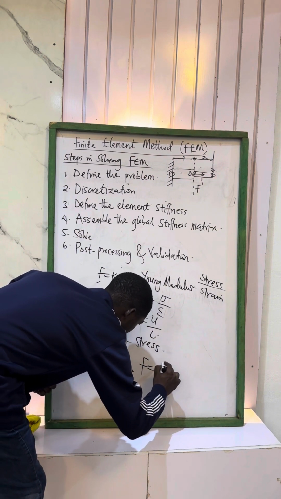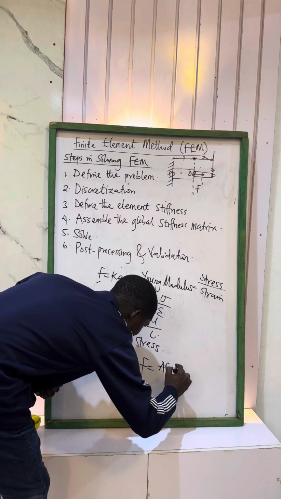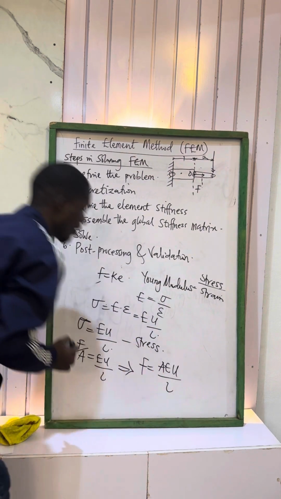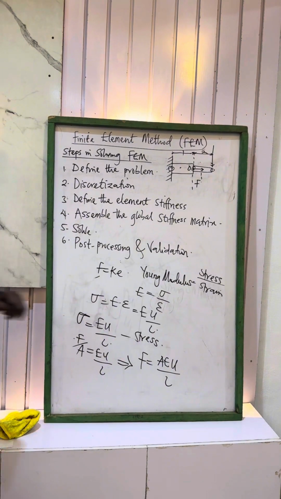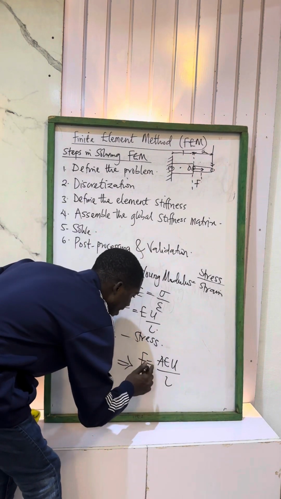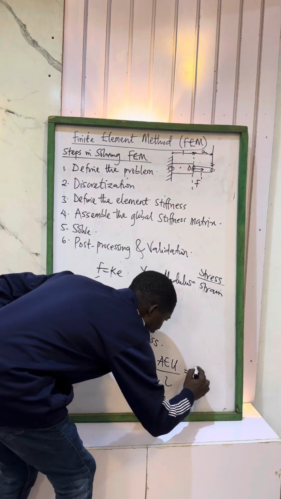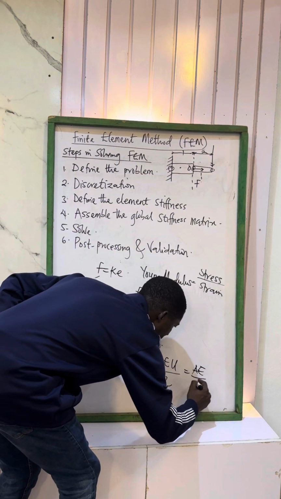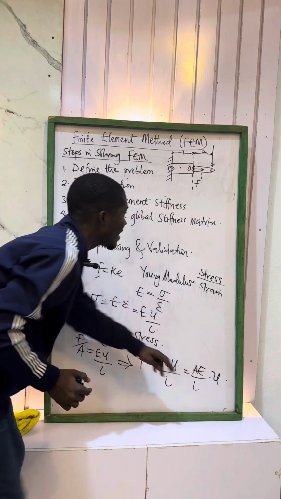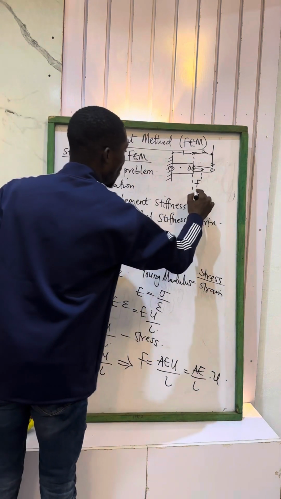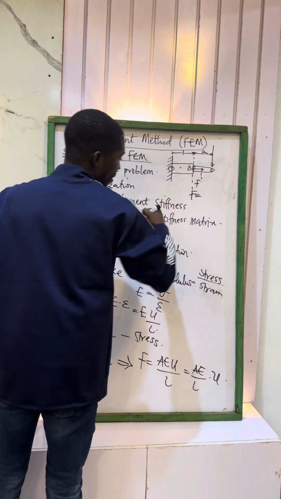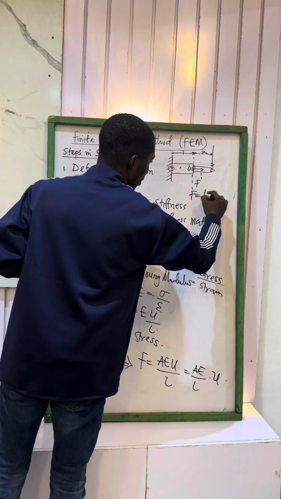Now, if we make F the subject, F equals AE U over L. If this is ascertained to be true, I can split this to have AE over L dot U. Now, remember from Hooke's law, F equals Ke. But remember, I said that in this concept we are using U for our e.